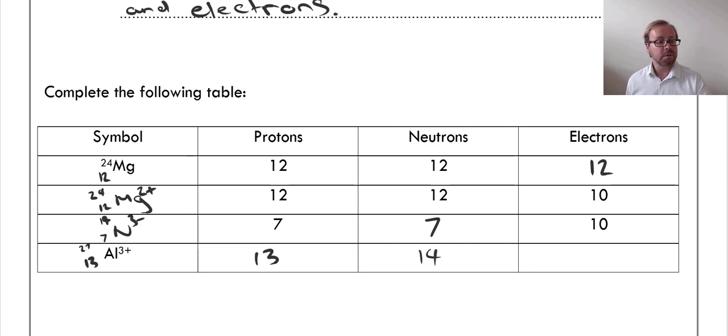And I have a value of 3 plus, so I must have lost 3 electrons, which means I only have 10 remaining. Okay, so hope that was helpful, and I will see you next time back here.